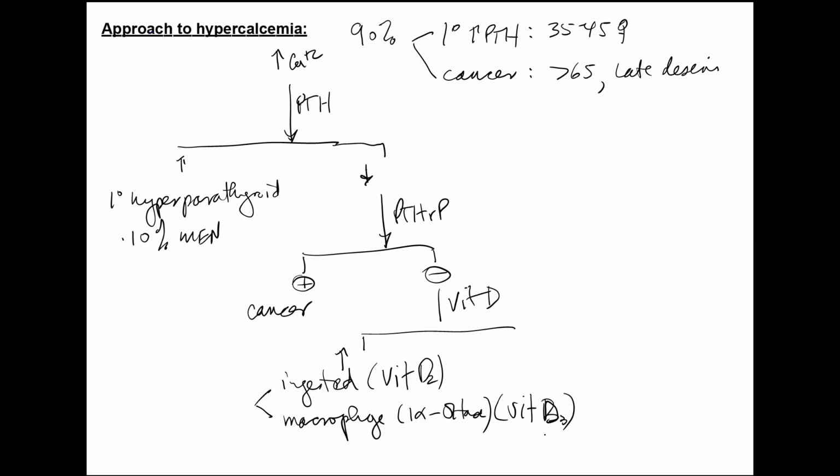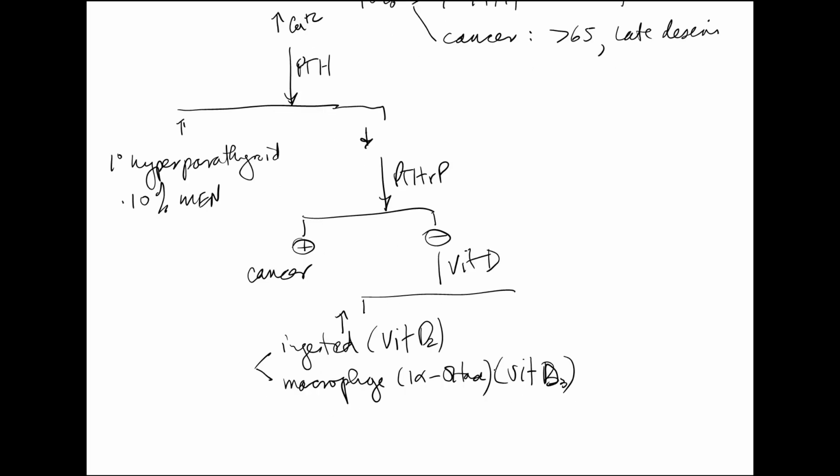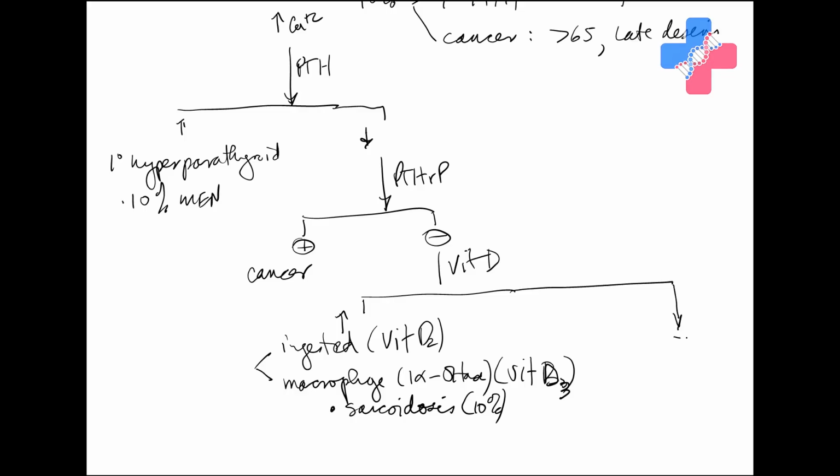And common causes of this are going to include granulomatous diseases like sarcoidosis. 10% of sarcoidosis patients will have an increase in vitamin D, and it will be vitamin D3 because it's from the 1-alpha hydroxylase. If the vitamin D levels are negative, then one is left with a list.